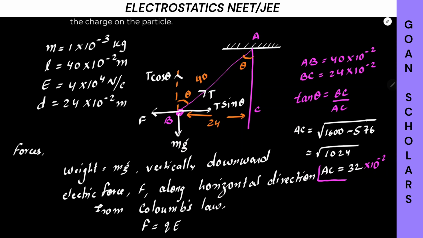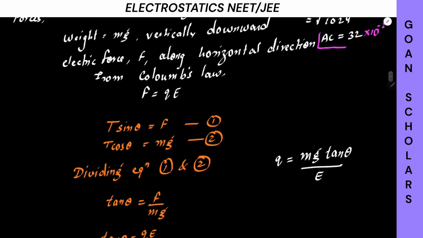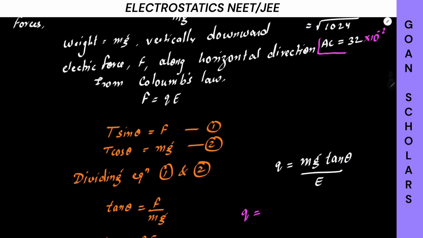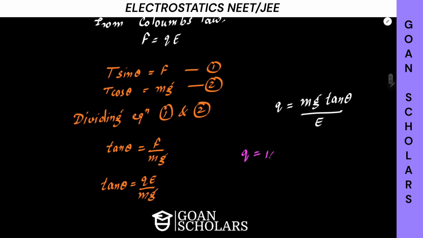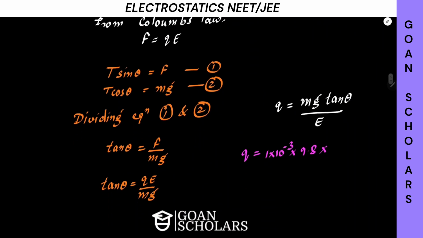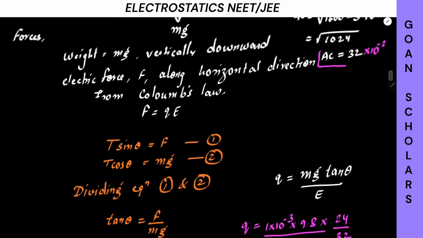Great. So once we have found our AC, what will be tan theta? BC upon AC, so tan theta is 24 upon 32. So let's find the value of Q. It is equal to m, which is 1 into 10 to the power minus 3, g 9.8, tan theta. Once again I am repeating, BC is perpendicular, 24 upon 32. The centimeter part will cancel out, 10 to the power minus 2 will cancel out.